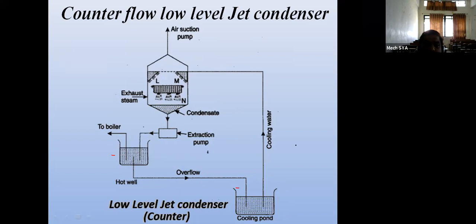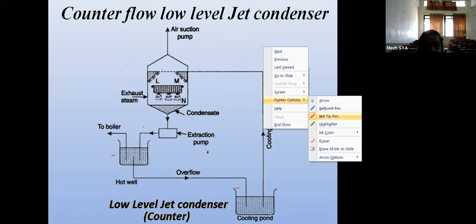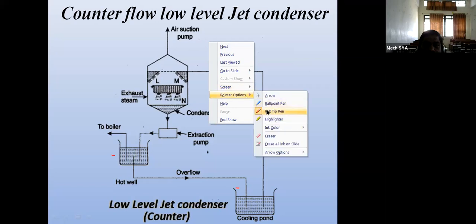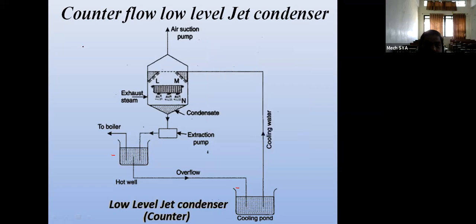What is the difference? Can anybody differentiate? I am going to explain, but still, what does counter flow mean? How can we define counter flow? The exhaust steam is flowing in the upward direction here, and the cooling water is flowing in the downward direction.